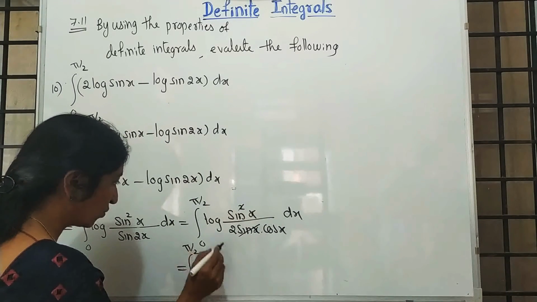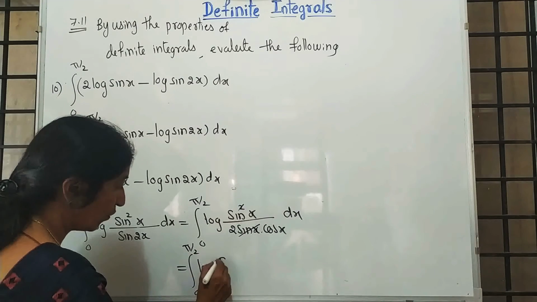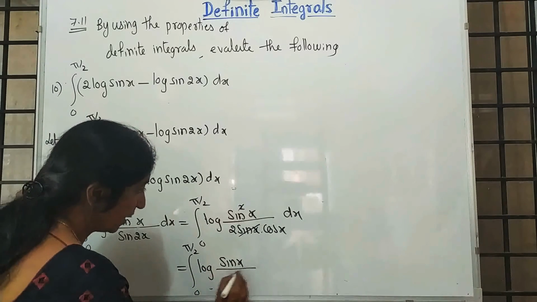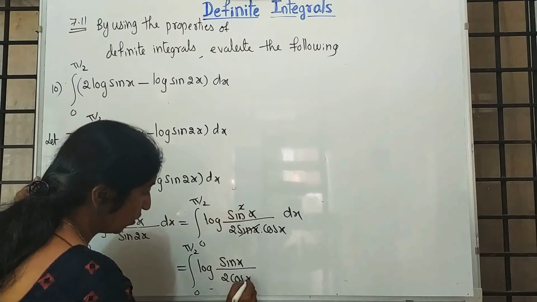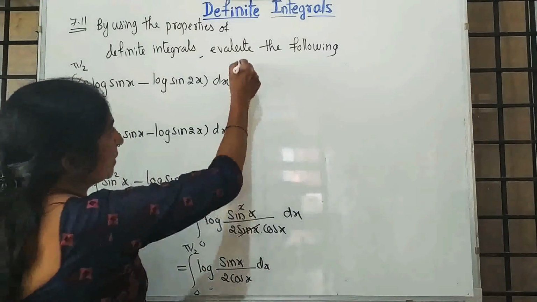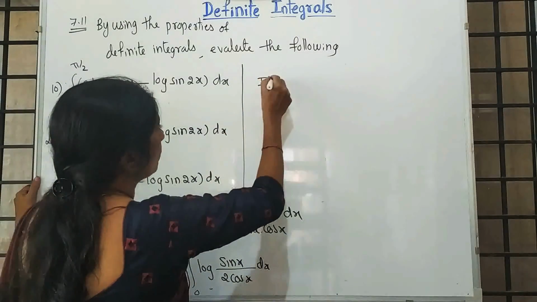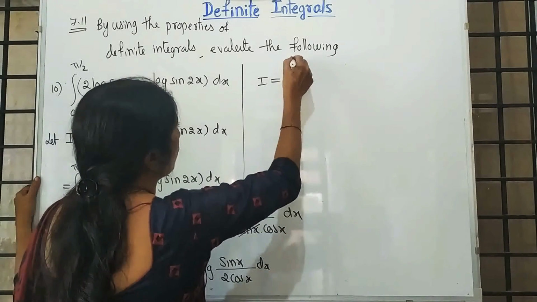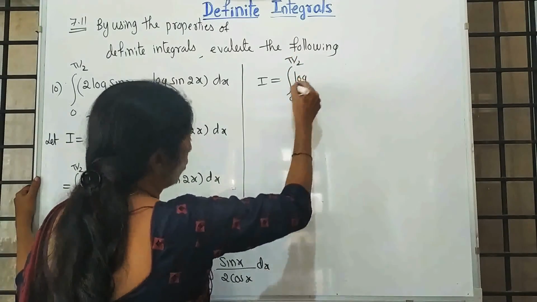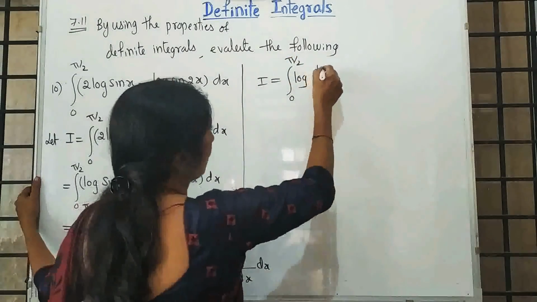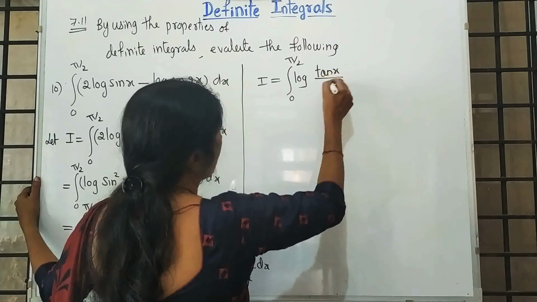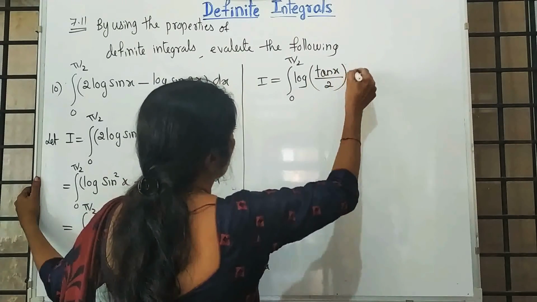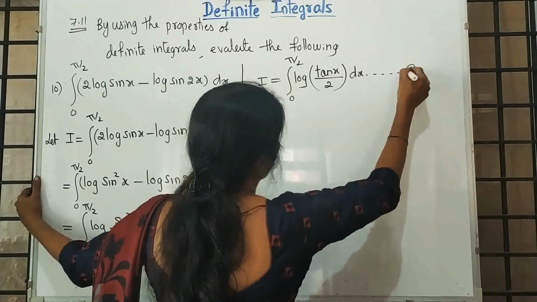Integration from 0 to pi by 2 log of what is remaining, sin x upon 2 cos x dx. That means I is equal to integration from 0 to pi by 2 log of sin by cos is tan x by 2 into dx, equation 1.